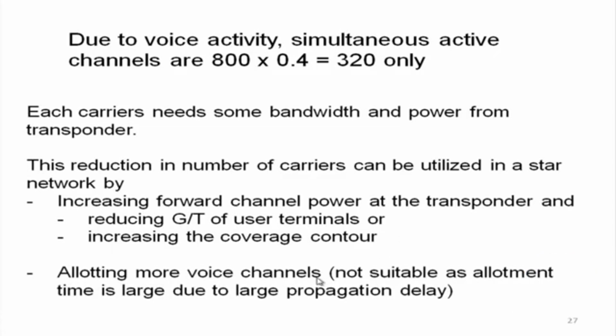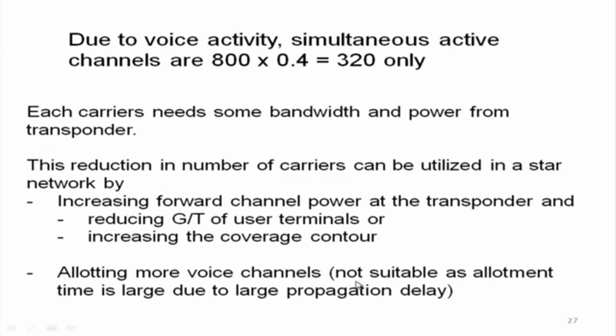Ideally it is true, and many people do it in a lower delay network, but in the case of satellite it is very difficult. By the time you detect voice activity and do an allotment, the receiver has to know which particular frequency is allotted to him.